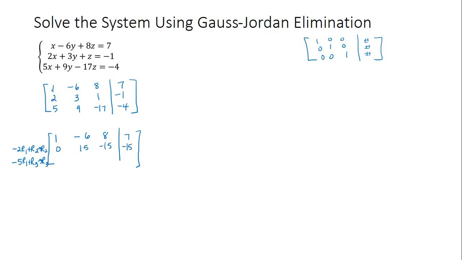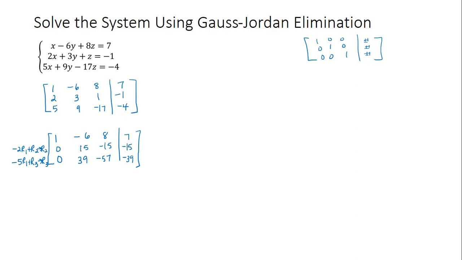So negative 5 times 1 is negative 5, plus 5 is 0. Negative 5 times negative 6 is 30, plus 9 is 39. Negative 5 times 8, negative 40, minus 17 is negative 57. Negative 5 times 7, negative 35, plus negative 4 is negative 39.